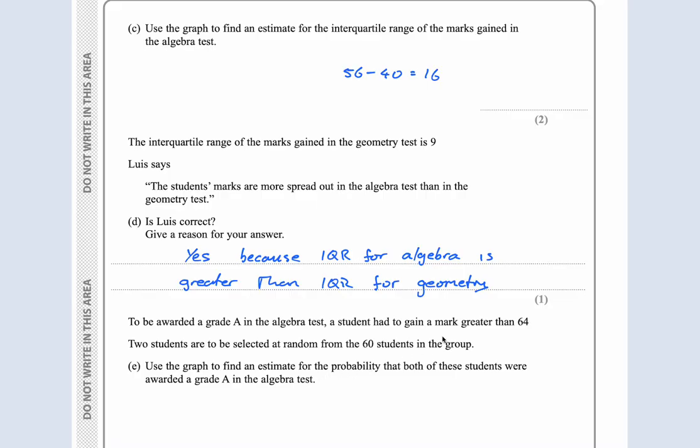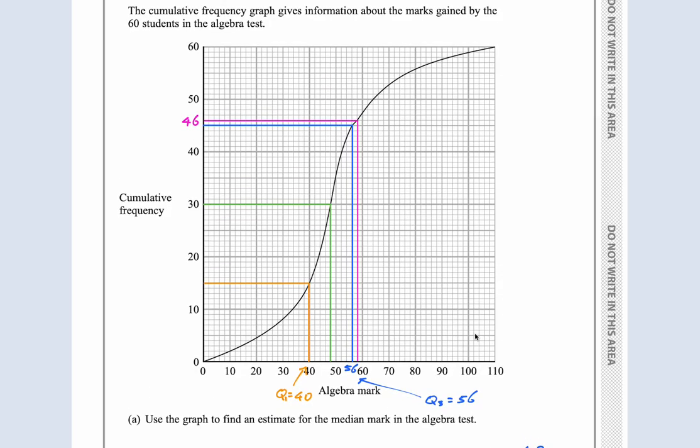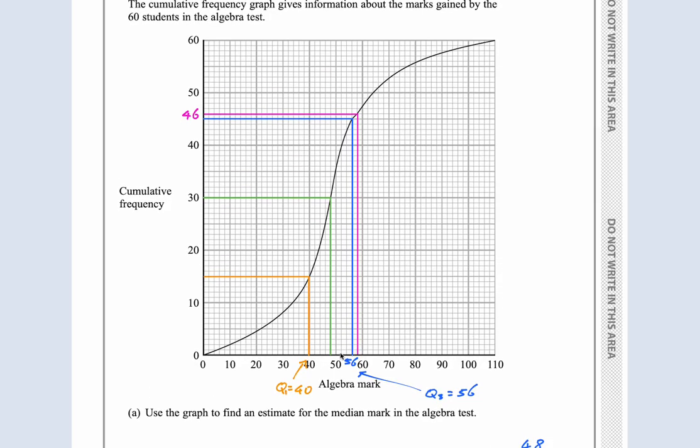Okay, so we need greater than 64. Let's find 64. So 64 is here. Let's go up and across.